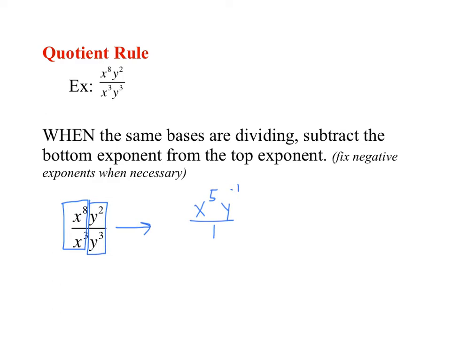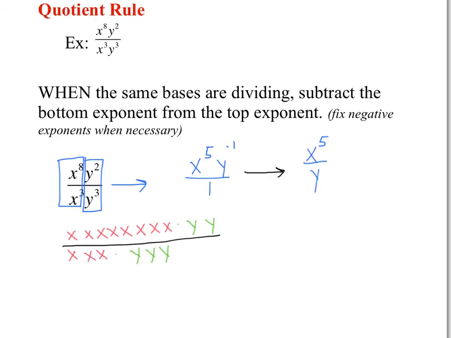So I've got to do one more step, and I've got to do the negative exponent rule, which takes the y and puts it back to the bottom where its power is going to become positive. So x to the 5th over y to the positive 1.